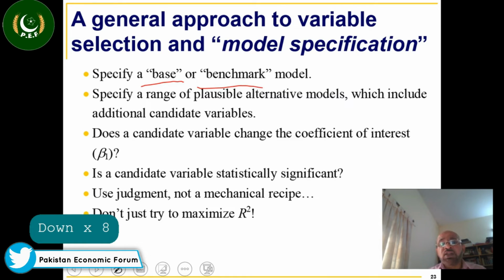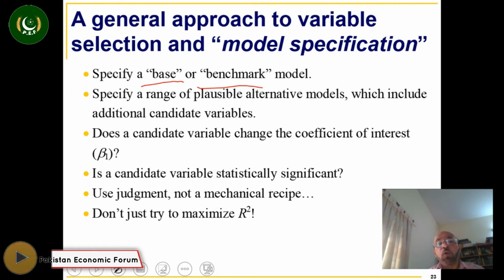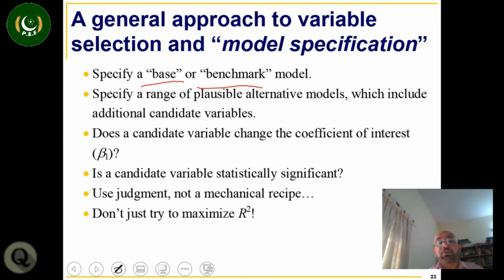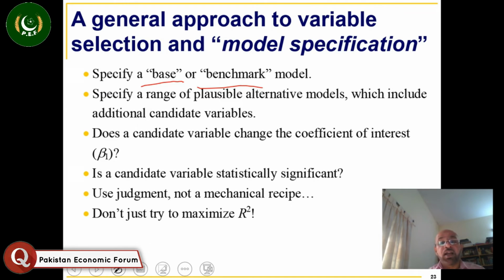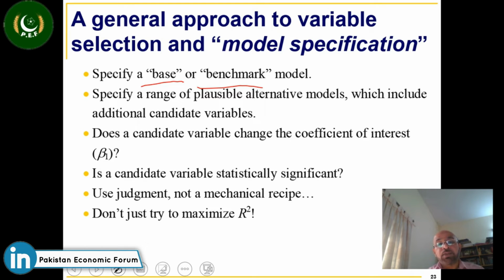The model which already exists in theory may be considered as the benchmark, and what you are trying to improve, or your suggestions, may be considered as alternative specifications, with proper theory justification and rationale. Then you will explain with the help of your results that your model is preferable over the base or benchmark model.